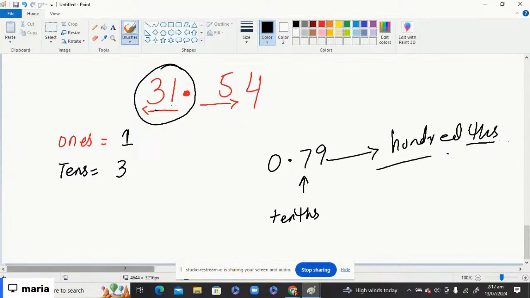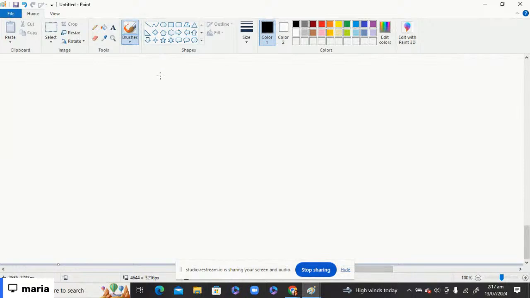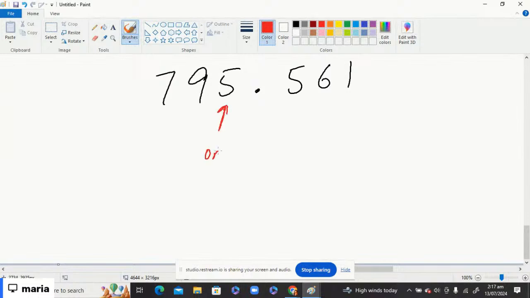Now, for example, here I'm going to write a question: 795.561. You tell me, first of all, which one is in the ones place. This 5 is in the ones, this 9 is in the tens, and this 7 is in the hundreds.